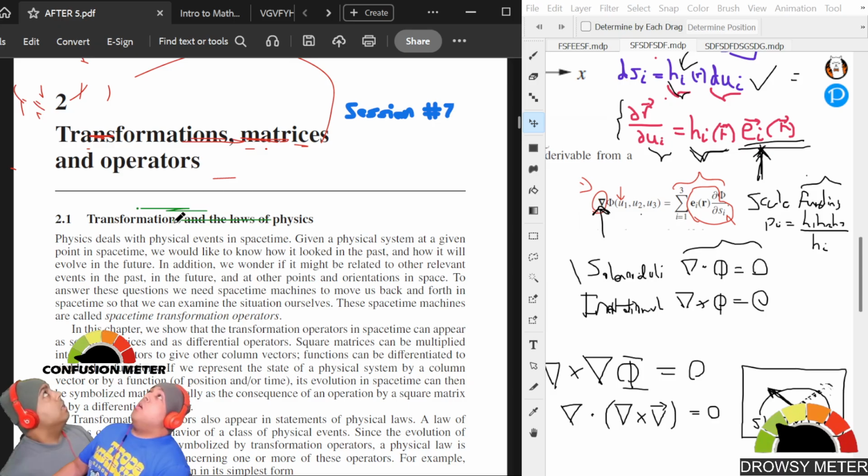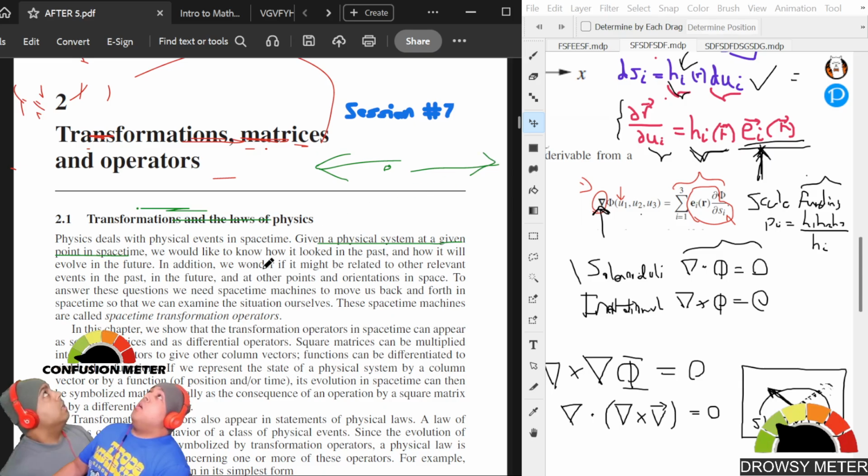Transformations and the laws of physics. Physics deals with physical events in spacetime. Given a physical system at a given point in spacetime, we would like to know how it looked in the past, how it will evolve in the future.